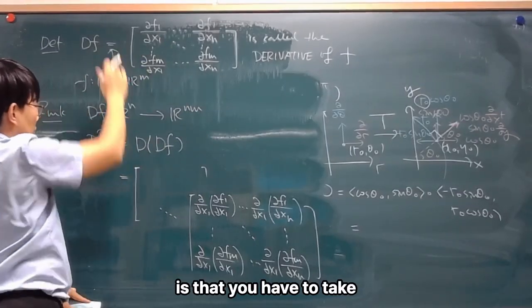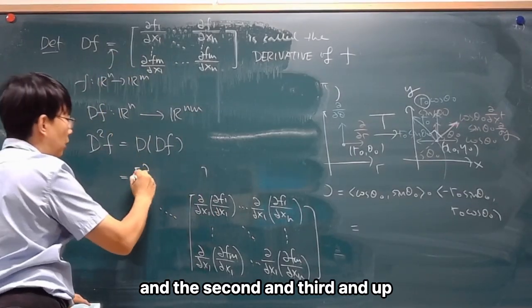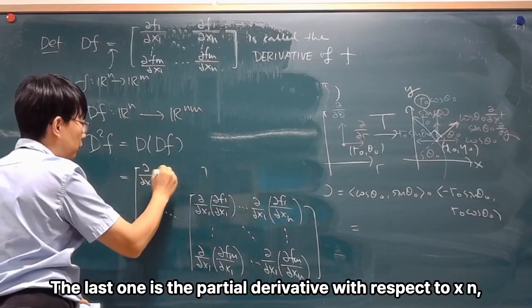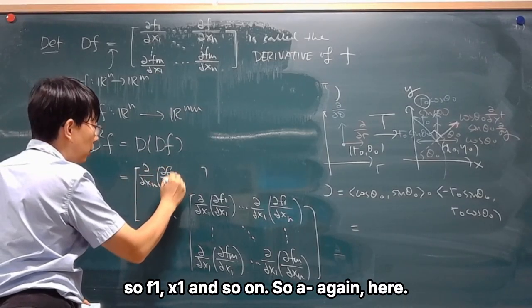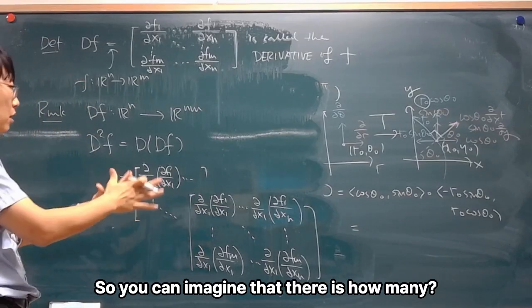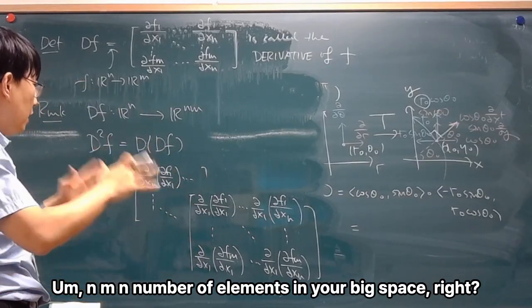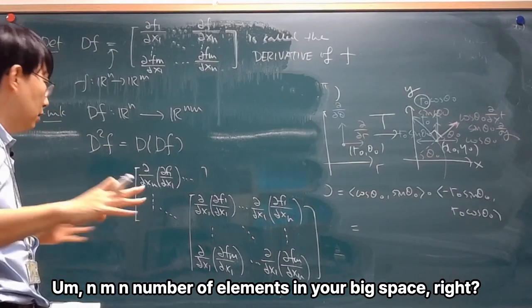You have to take the first partial derivative, and the second, and the third, up to the last one, which is the partial derivative with respect to xn. So you can imagine that there are nmn elements in your big space.